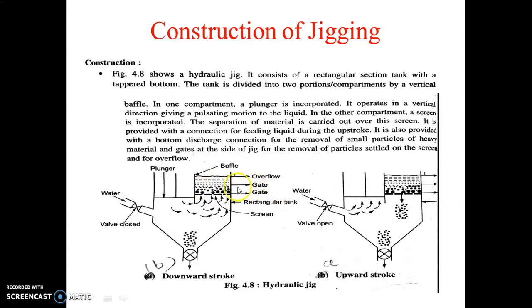That means some openings are provided here, which are called gates, and these openings are provided for removing the particles from the screen. There is also an outlet provided at the bottom for removing the settled particles.